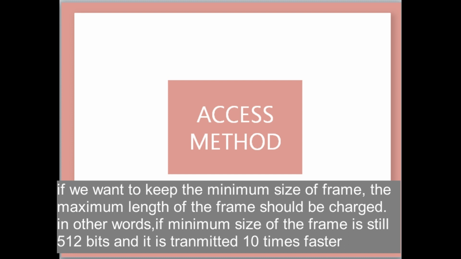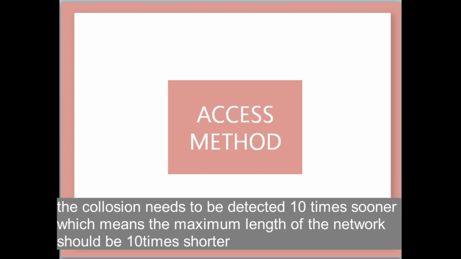In other words, if the minimum size of the frame is still 512 bits and it is transmitted 10 times faster, the collision needs to be detected 10 times sooner, which means the maximum length of the network should be 10 times shorter.